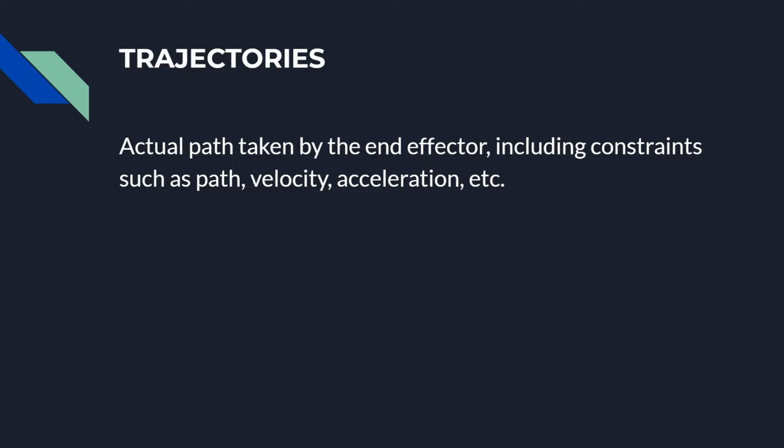And it's not just about this path. We also have to consider velocity and acceleration and things like that. Because at the end of the day, our robot is just using motors and things like that, which do have constraints. They have a maximum velocity, they have a maximum acceleration.